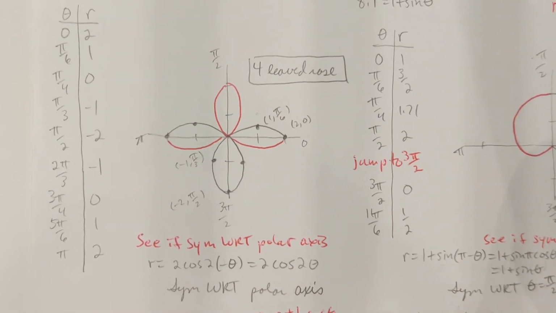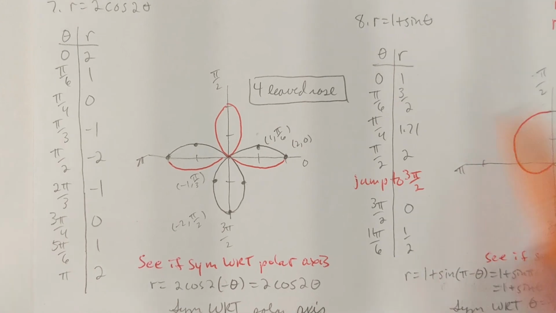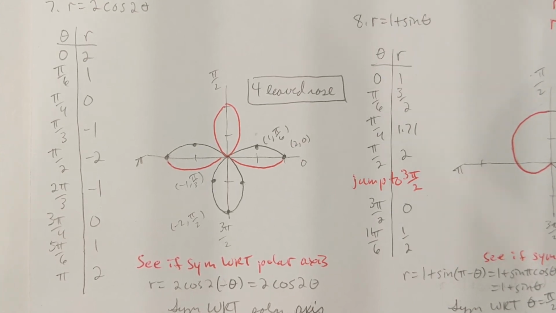Okay, now after we've looked at doing some graphing by hand, I'll comment on some of the famous polar graphs, and this is a famous curve. What I mean by famous curves is like in algebra, there are some curves that you know by name, like a parabola. Everybody knows what a parabola is, or what the shape looks like.